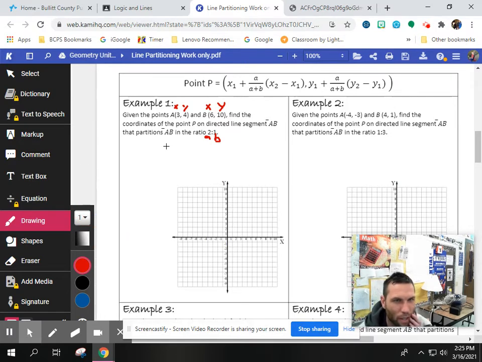This one: x1 is 3, so 3 plus, the ratio is 2-to-1, so 2 is A, and it's A plus B on the bottom. This all comes from the ratio, and then you multiply it by the difference. You subtract the first from the second: 6 minus 3.